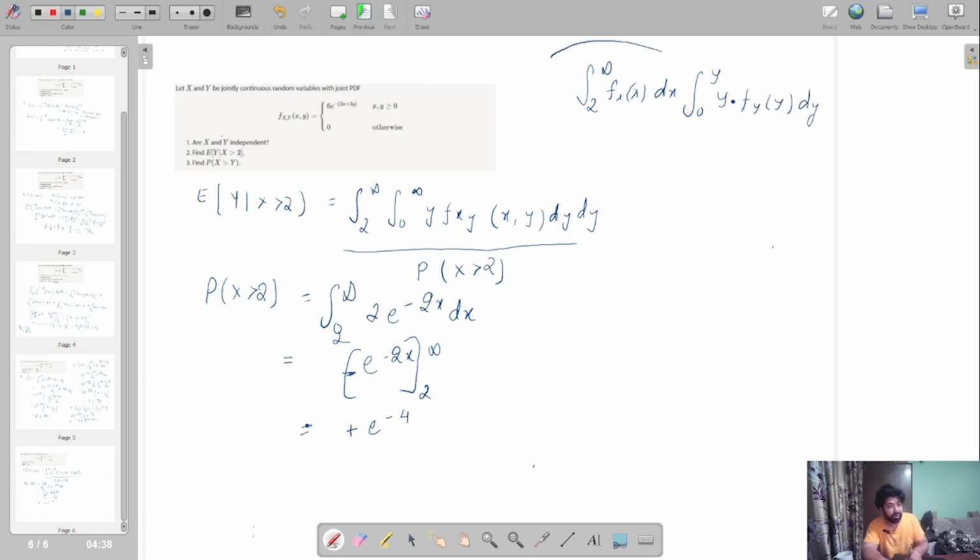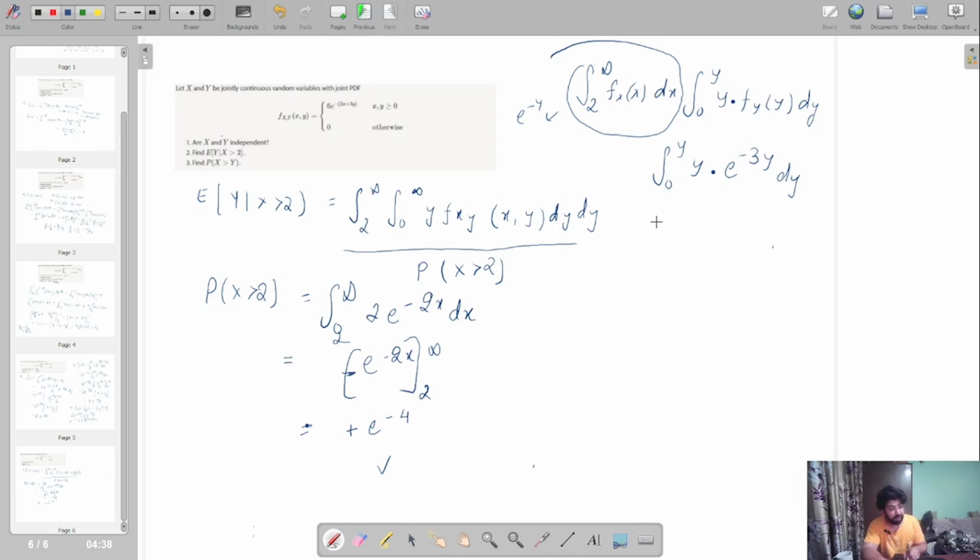We have already calculated the first one, and it turned out to be e^(-4), so we need to solve this one now. I'll write the integral from 0 to infinity of y times e^(-3y) dy. The e^(-3y) is coming from the marginal probability we just calculated in part 1.